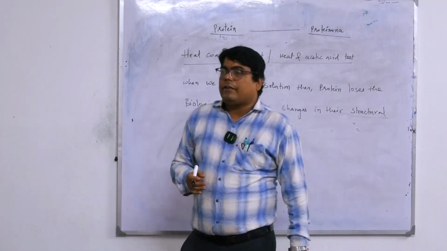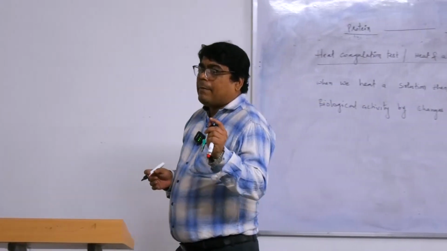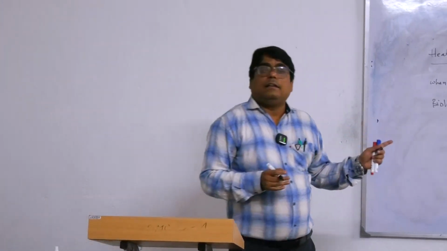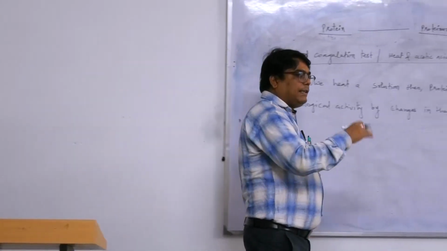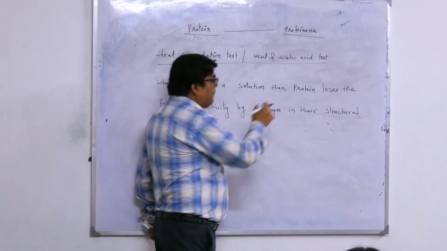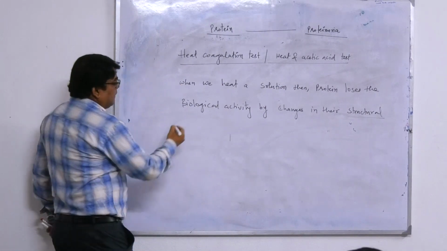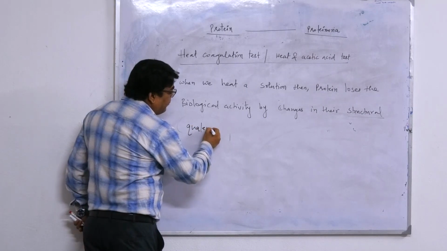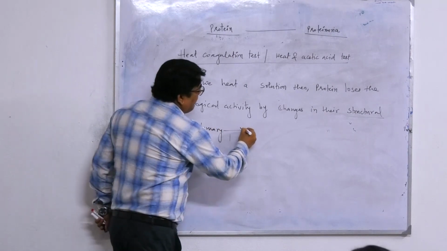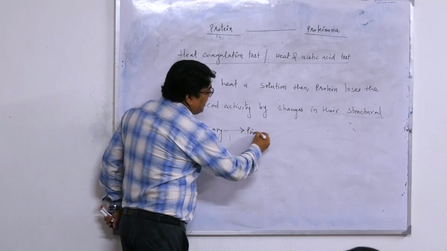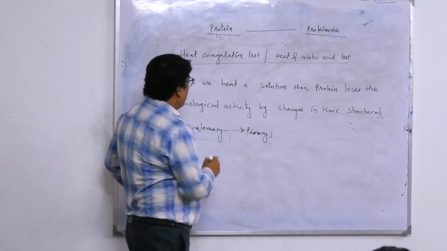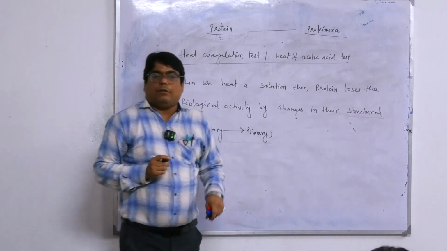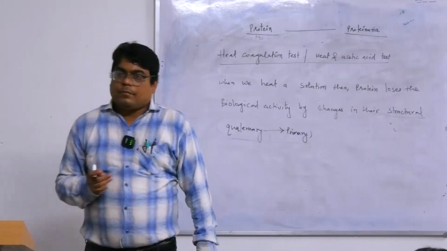You know the structure classification of protein: primary, secondary, tertiary and quaternary. Change in their structure means it is converted from quaternary to primary. They lose their biological activity, lose their biological functions.